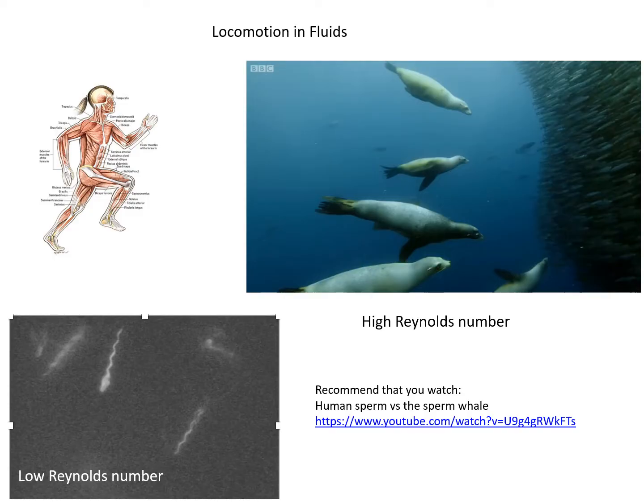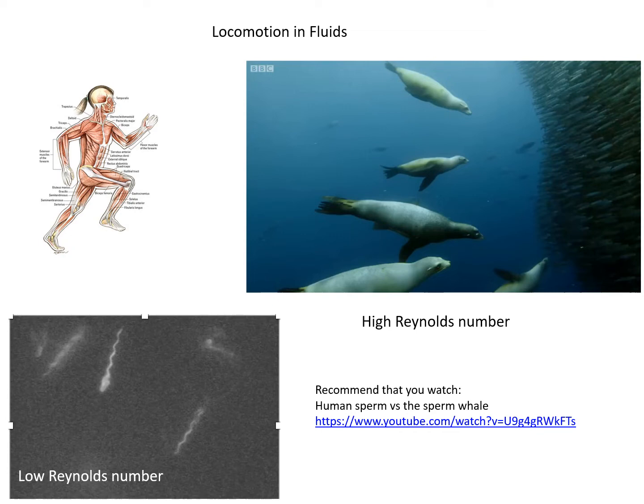The next 2 videos show locomotion in water at high Reynolds number and at low Reynolds number. We're going to come back and talk about Reynolds number in a minute. But for now, I just want you to know that these are 2 distinct types of locomotion, largely because of the Reynolds number. And I've also put a link on this slide to a 3rd video, which I'm not going to play, but I recommend that you watch this.